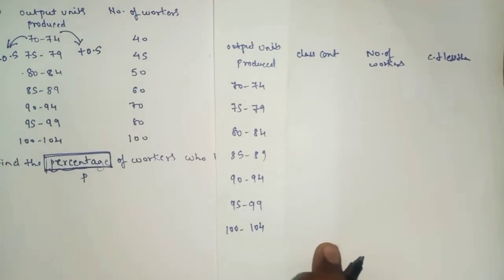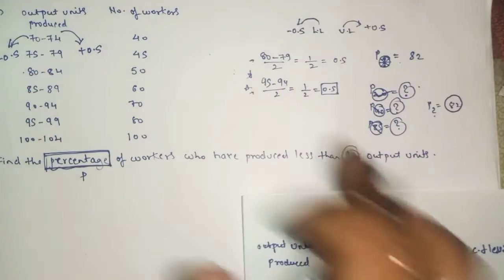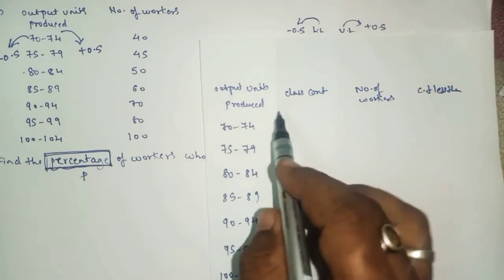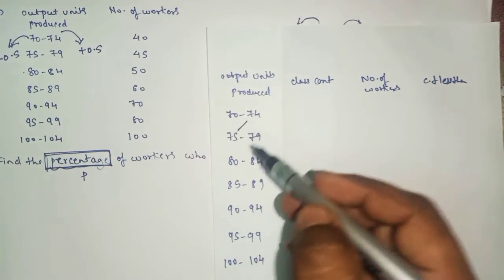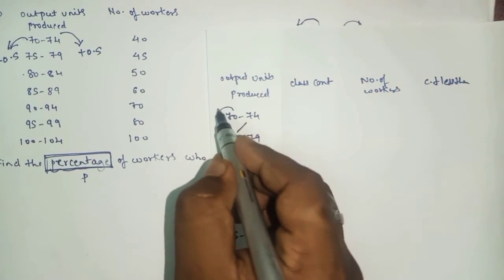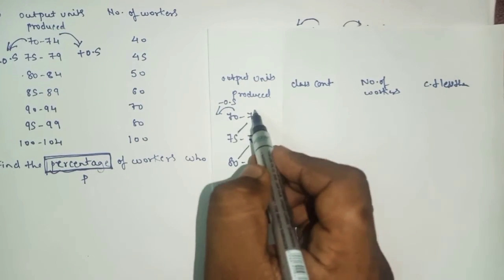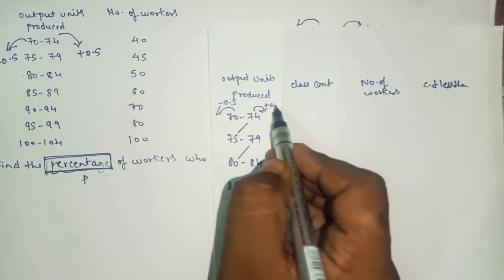Just now I explained how to make the class continuous. Whenever the difference is 1, you subtract 0.5 from the lower limit and add 0.5 to the upper limit.